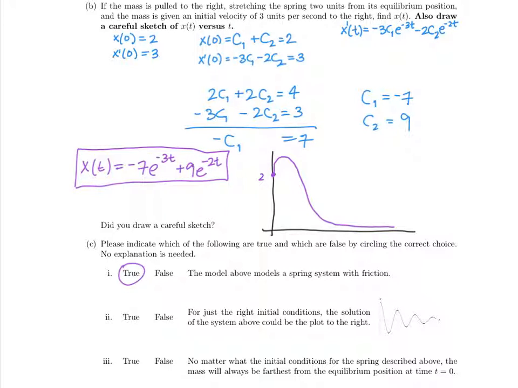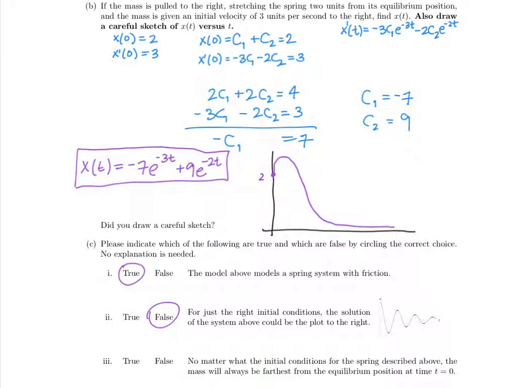It's always going to be an exponential decay. It's never going to spontaneously turn into this type of function that oscillates just by changing the initial conditions. The initial conditions only allow you to solve for C1, C2, whatever that happens to be. They don't allow you to change the general solution for the function. So that's a false answer.